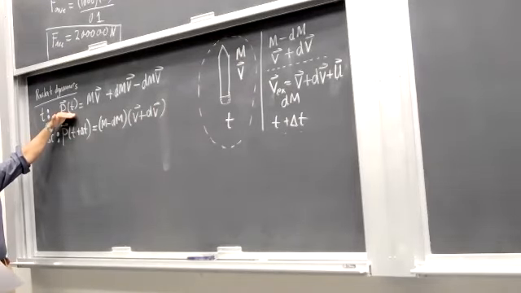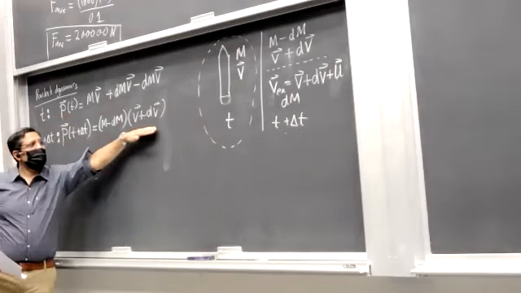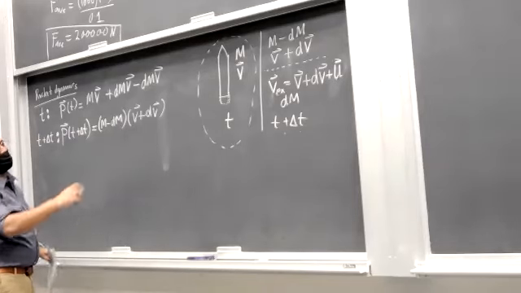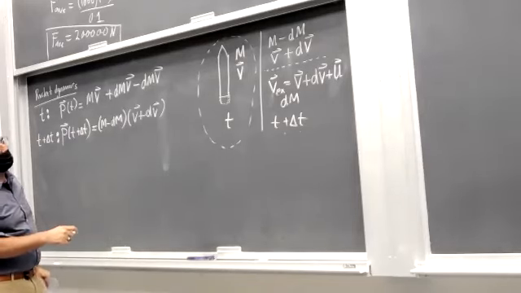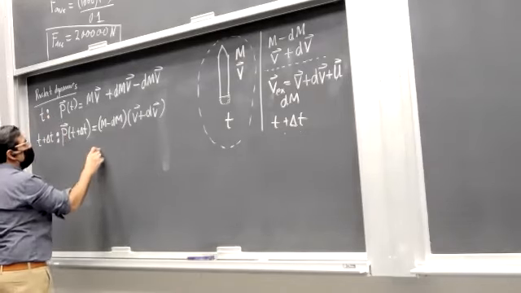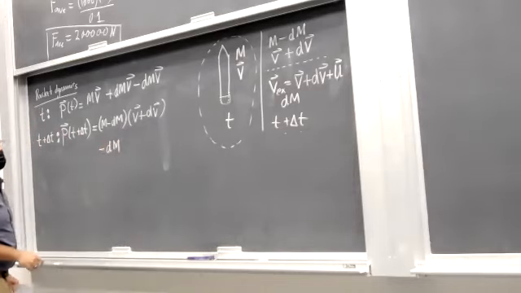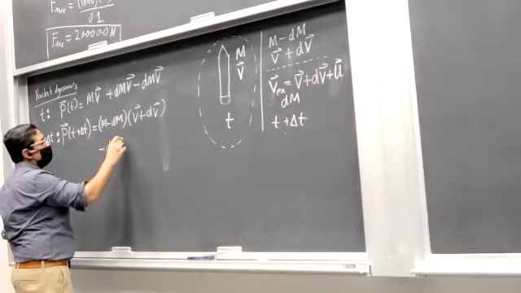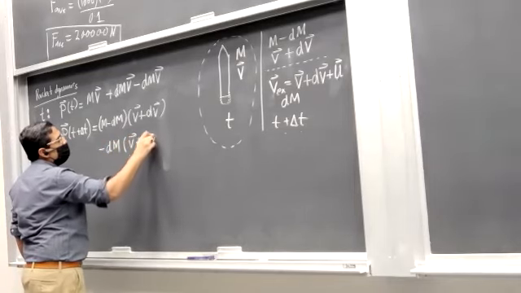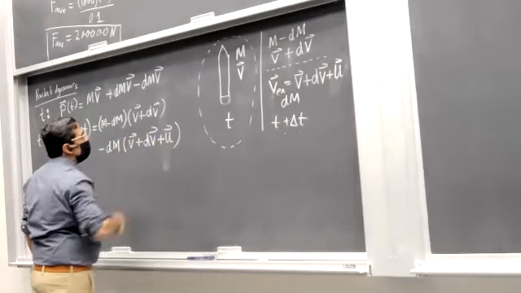This would be the momentum of the rocket, but I also have to write the momentum of the exhaust, and that would be dm times the velocity of the exhaust, v plus dv plus u.